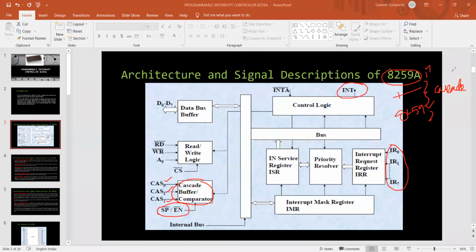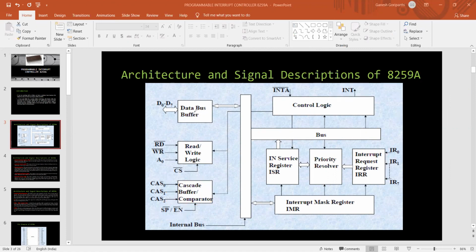So out of all these three connected in cascade, only one will be communicating with 8086. That is called the master. The remaining are all called slaves. So for selecting master and slave, this signal decides here. That is about the architecture.